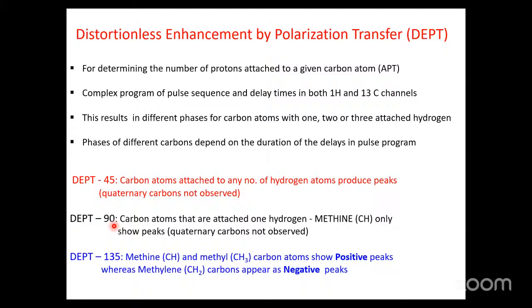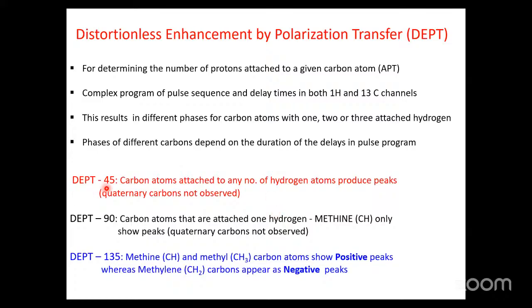DEPT 90 will give the peak for the carbon that is attached to only one hydrogen, that is methine carbon. While in DEPT 135, you will see the methine and methyl carbons as positive peaks while methylene will be negative. You understood the difference between all the three DEPT?